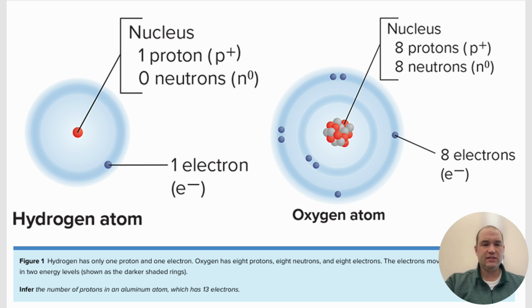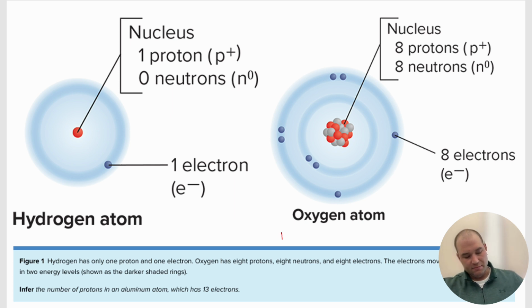So in this entire system, you can have a hydrogen atom, which is composed of 1 proton and 1 electron, but no neutrons, or you can have your oxygen atom that has 8 protons, 8 neutrons in the nucleus, and 8 electrons.